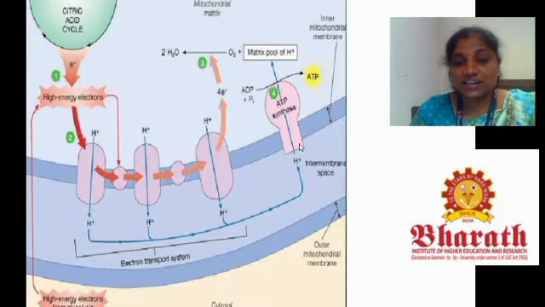Once they move through ATP synthase, ATP molecules are produced. To produce one ATP molecule, 3 H plus ions have to be shuttled through this ATP synthase. So ATP synthase is the important enzyme used to produce ATP molecules, and we are going to see its structure in detail.